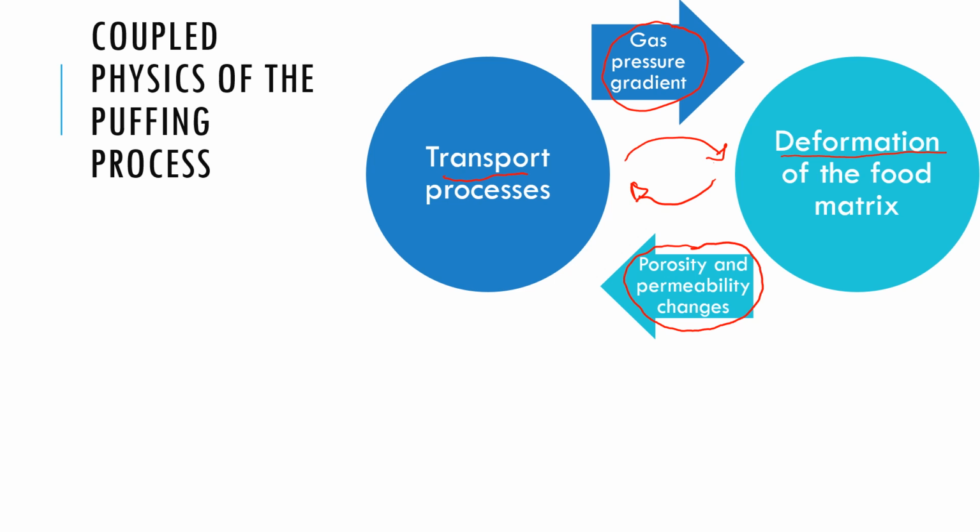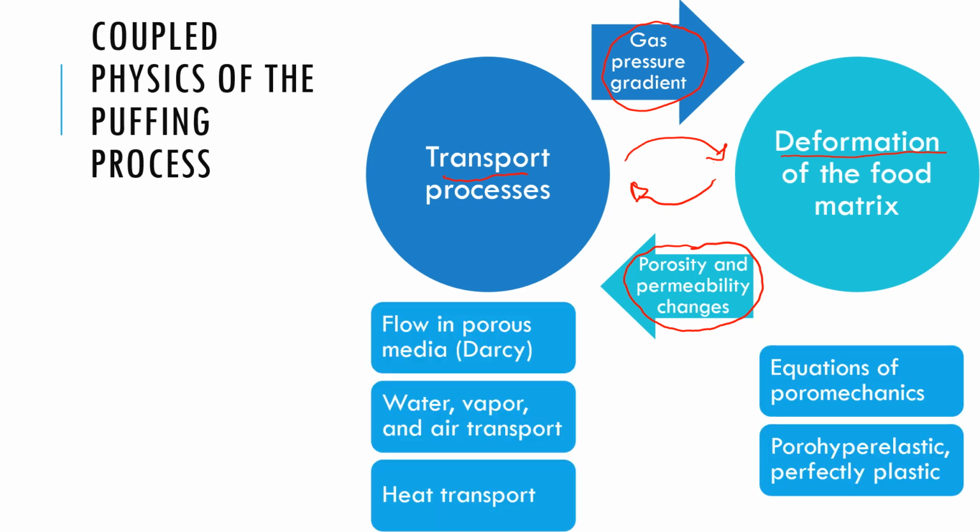Now, the deformation itself is described by the equations of poromechanics, which I will share in the next slide. And the material aspect also comes into the picture, treating the rice as what we call a hyperelastic material.